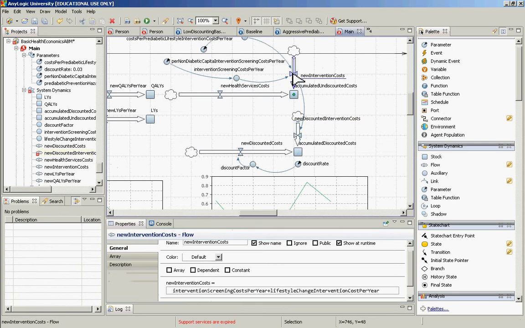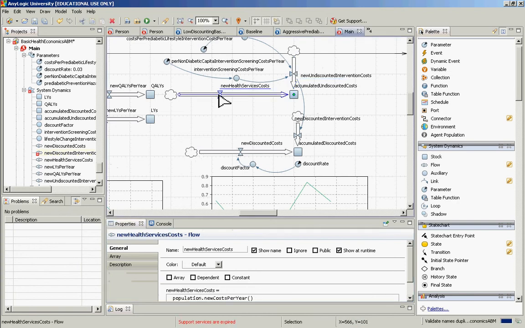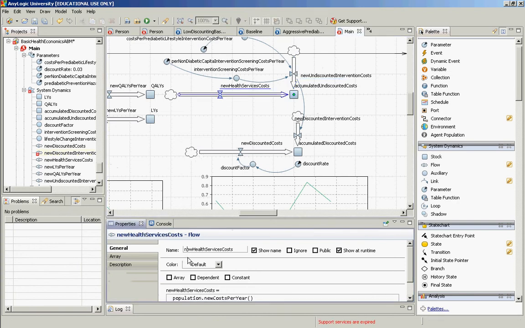Just to clean up these names here, I'm going to name this new undiscounted intervention cost. That's clearer, and this should be new undiscounted health services cost.